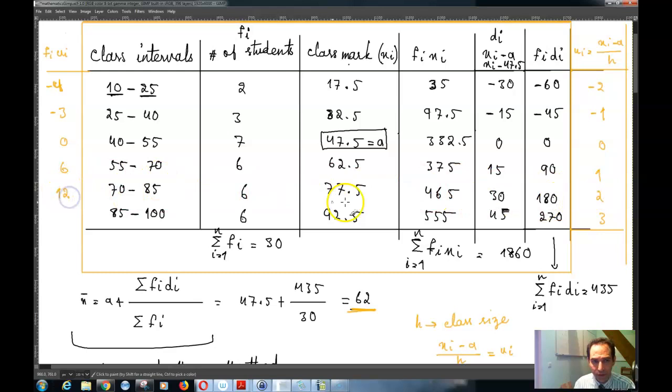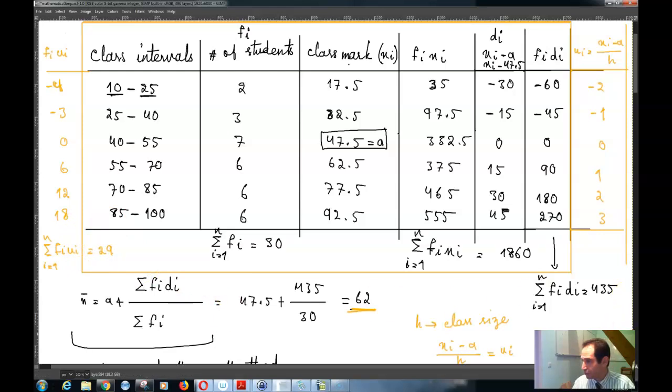And 6 times 3 is 18. Then if I calculate sigma f of i u of i as i goes from 1 to n, this is 20, 30, 36, 36 minus 7 is equal to 29, I suppose. Equal to 29.